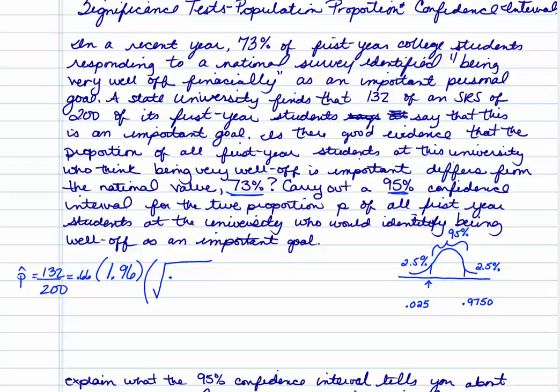So that means we're going to put 0.66 in here and the opposite, 0.34, here. And 200 people were studied.